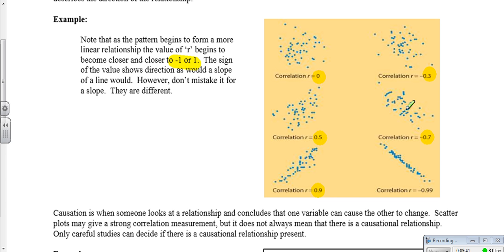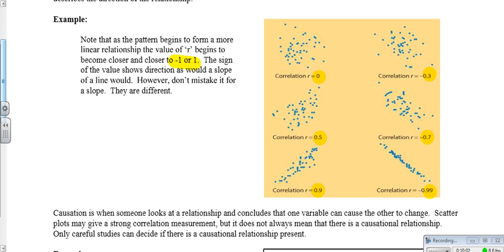Negative trend, true. 0.7 does have linear, better than 0.5, but not as good as 0.9. And then we have a negative 0.99, almost a 1. And you see how linear that is? That looks very good. So it measures how linear your data are, how close to a straight line they are. And again, it's a straight line relationship.